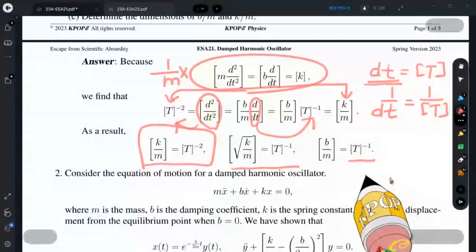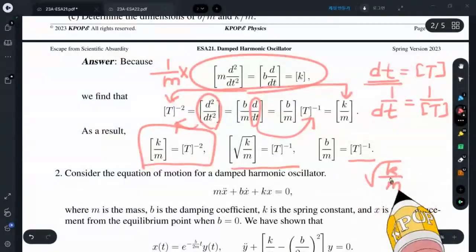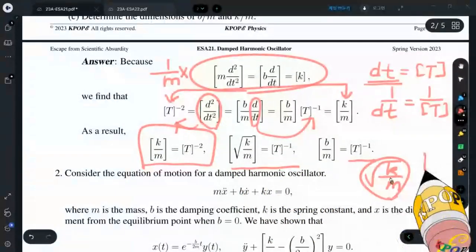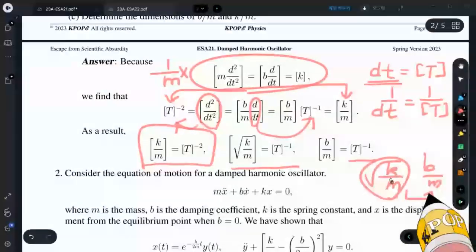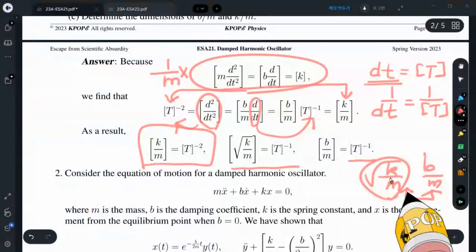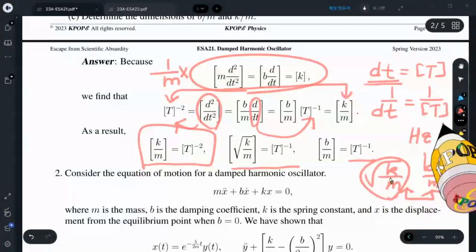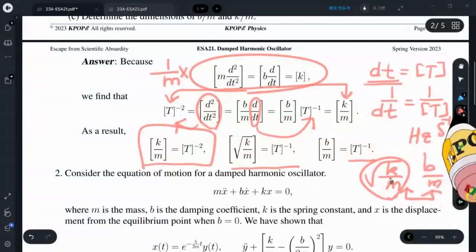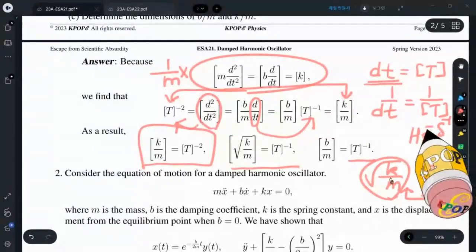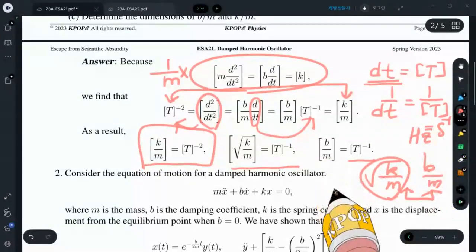So the square root of k over m and b over m, these two coefficients, are of the same physical dimensions, and the usual unit is hertz. So 1 second reciprocal, a reciprocal of a second, is hertz.